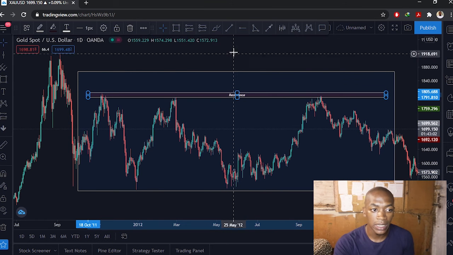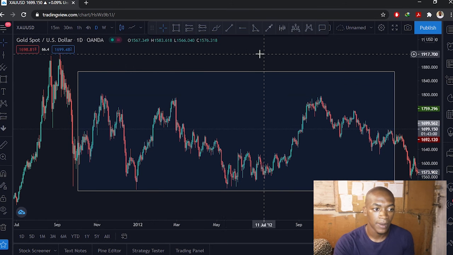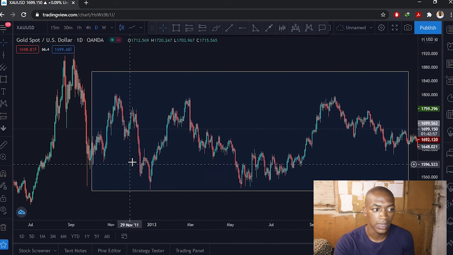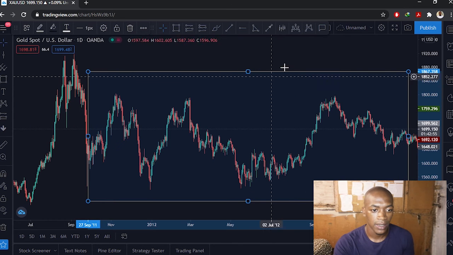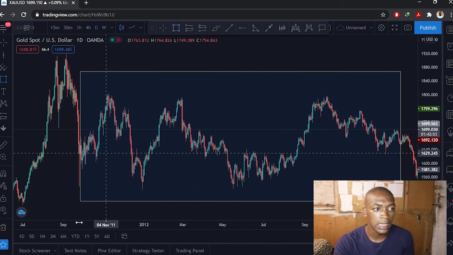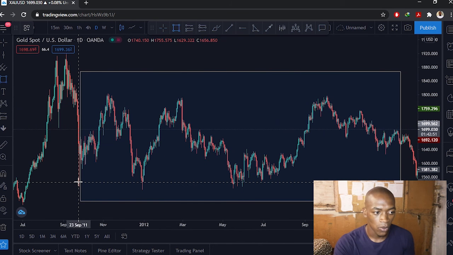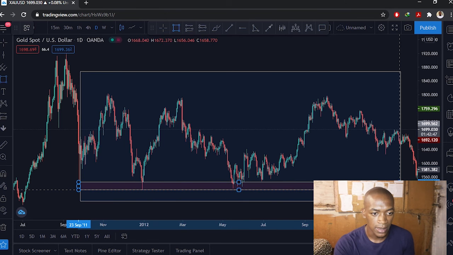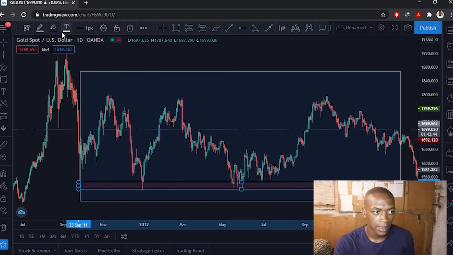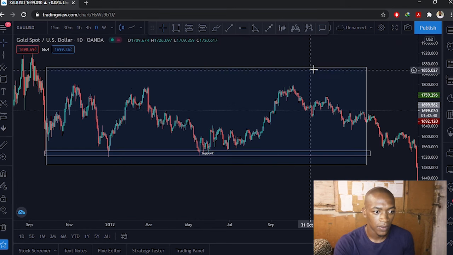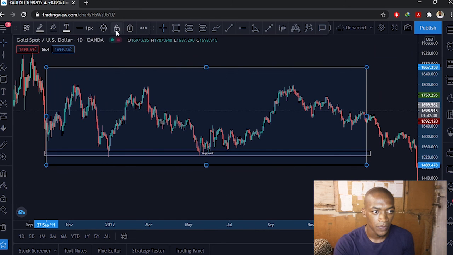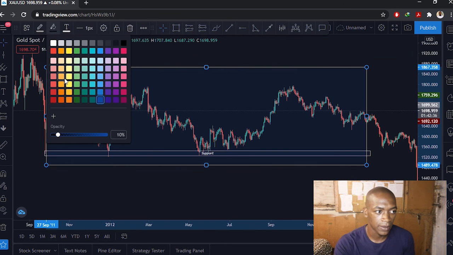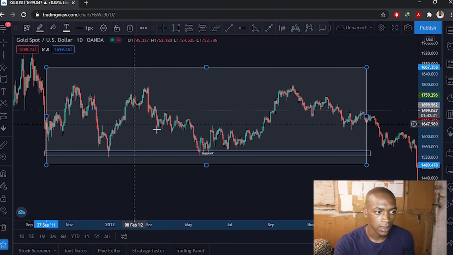Again, looking at the same rectangular area, you can see that whenever the price was dropping, it was resisted somehow by an area of the zone. This is basically what was happening. Let me put another color so that you don't get distracted.